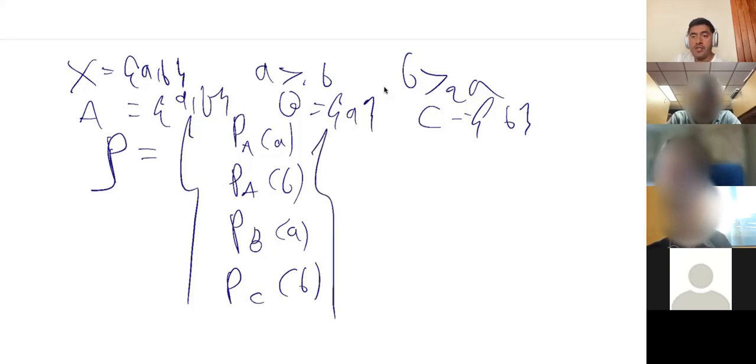Rho is a vector collecting the whole data set: rho of capital A of the alternative small a, rho of capital A of the item small b, rho of B of A, which is 1, and rho of C of B, which is 1 as well.